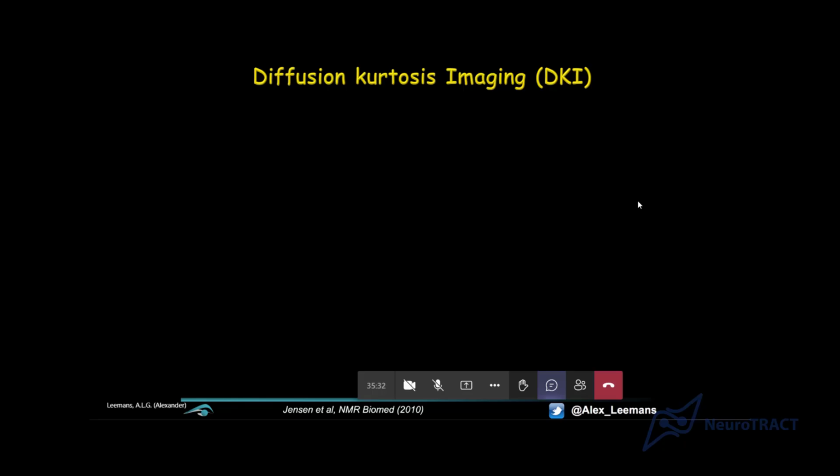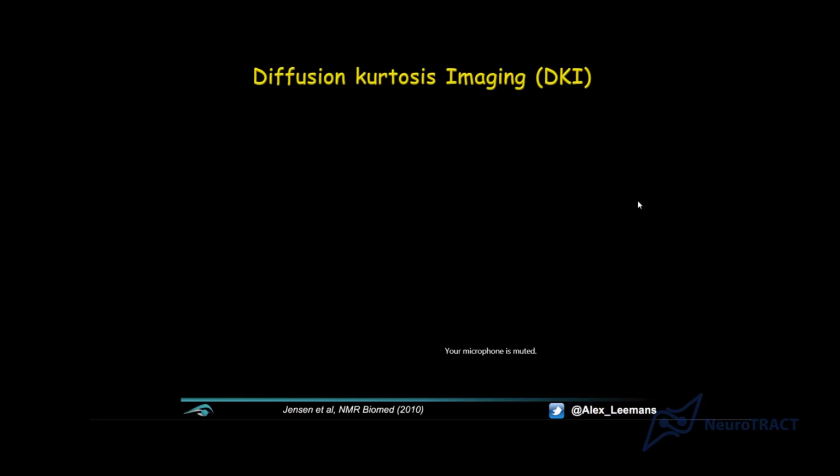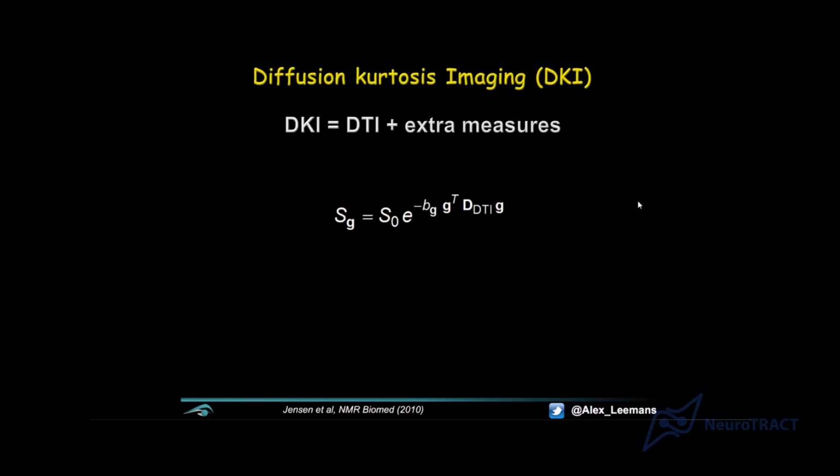What about non-Gaussian diffusion? To cut a long story short, when you're looking at the diffusion equation, with diffusion tensor imaging we're looking at a first-order approximation. If you do the Taylor expansion, all the math, and expand it to the second term, you end up with a diffusion kurtosis imaging model, which is basically the same as diffusion tensor imaging, but with some additional terms.